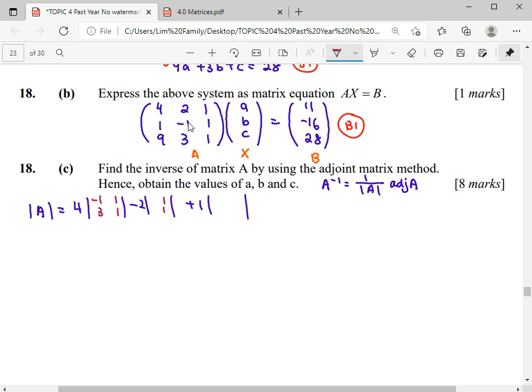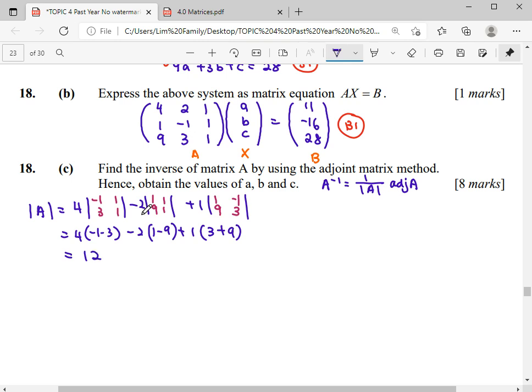So we find AD minus BC: negative 1 minus 3. Then cross multiplying here, 1 minus 9, and then here is 3 minus negative 9, so negative negative becomes positive. So my determinant equals 12.